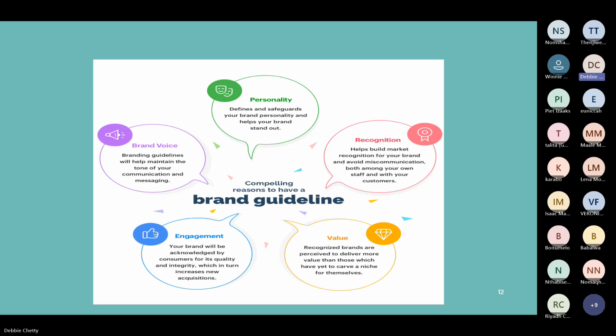Value: recognized brands are perceived to deliver more value than those which have yet to carve a niche for themselves. Engagement: your brand will be acknowledged by consumers for its quality and integrity. And brand voice: branding guidelines will help maintain the tone of your communication and messaging. So these are just a few guidelines that will help you as well.